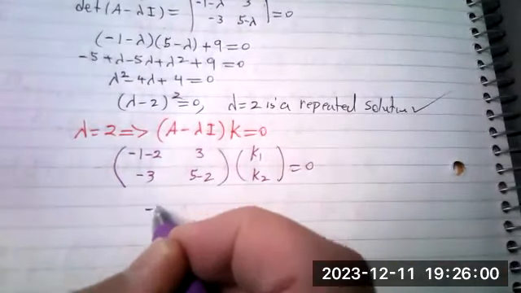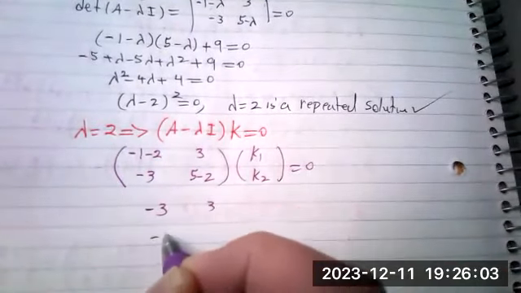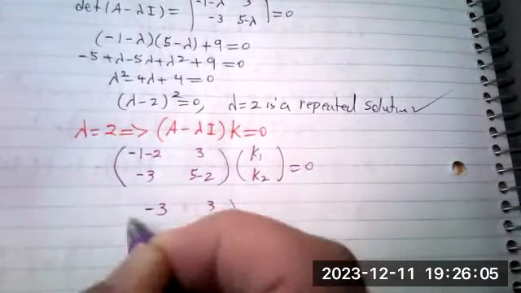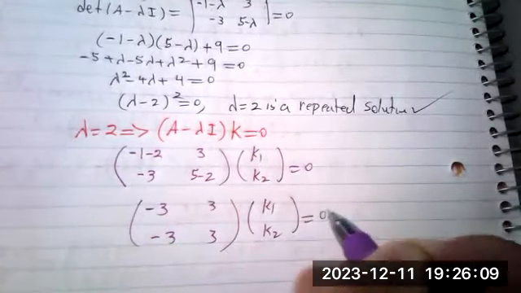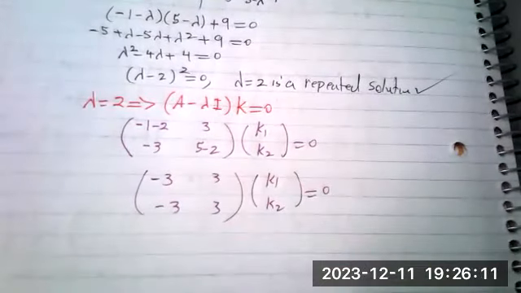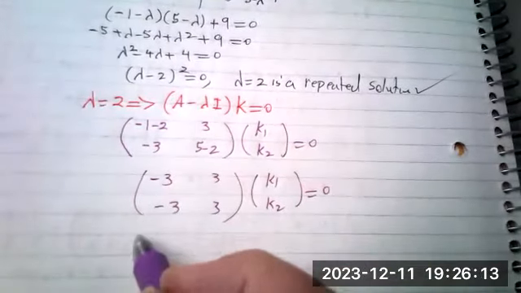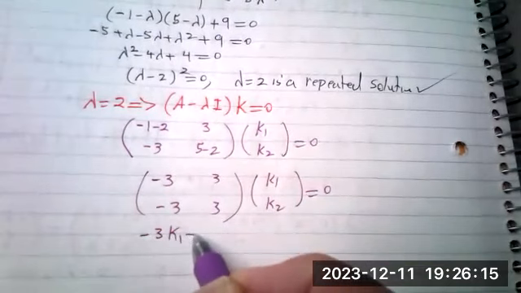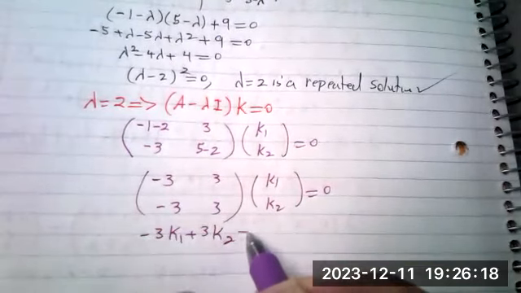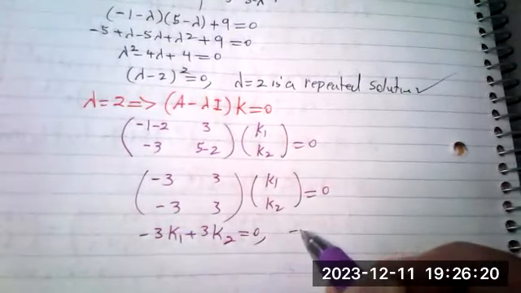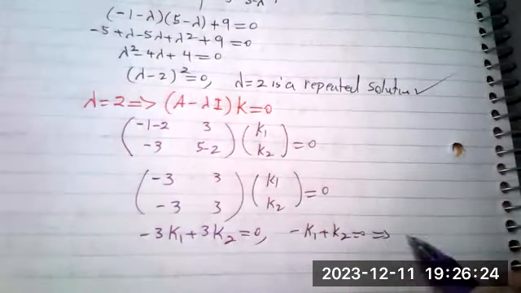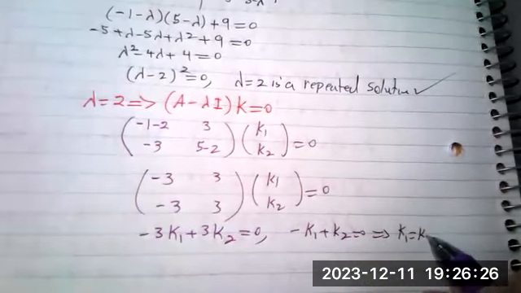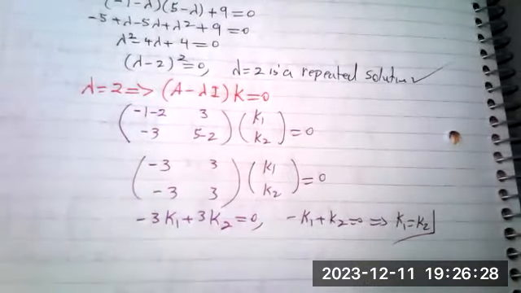That makes it negative 3, 3, and negative 3, 3. The first row and the second row are the same, so we just pick the first one. That gives us negative 3 k1 plus 3 k2 equal to 0. Divide by 3, so k1 is equal to k2.